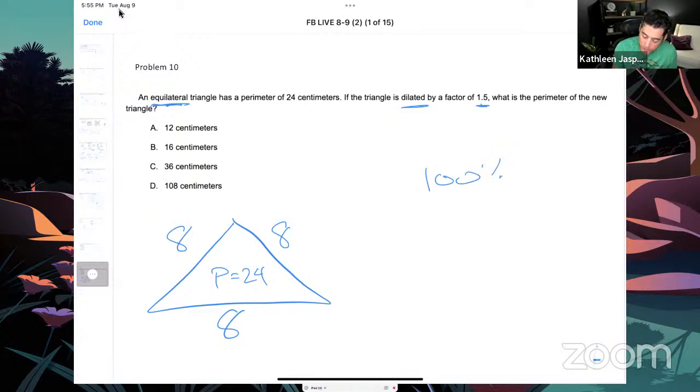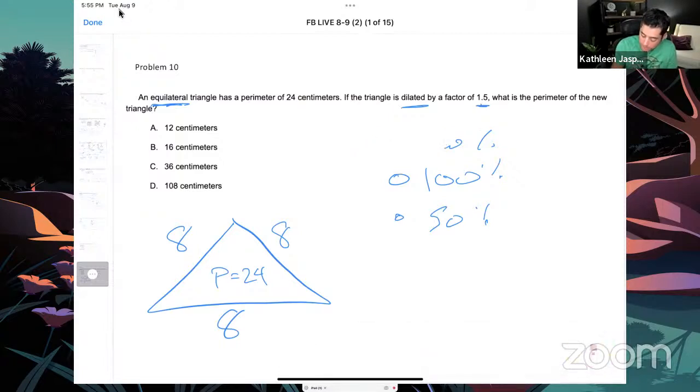If it goes 1.5, that's 150%, bigger than your normal 100%. If it were less, let's say 0.5, which is 50%, then it's smaller. So a dilation can be bigger or smaller based on the scale factor. If it's bigger than 1, it goes bigger. If it's less than 1, it goes smaller. So I just want to give you a visual on that one.